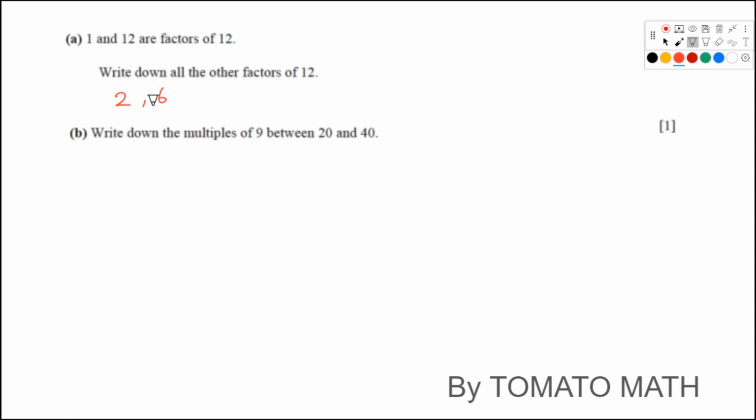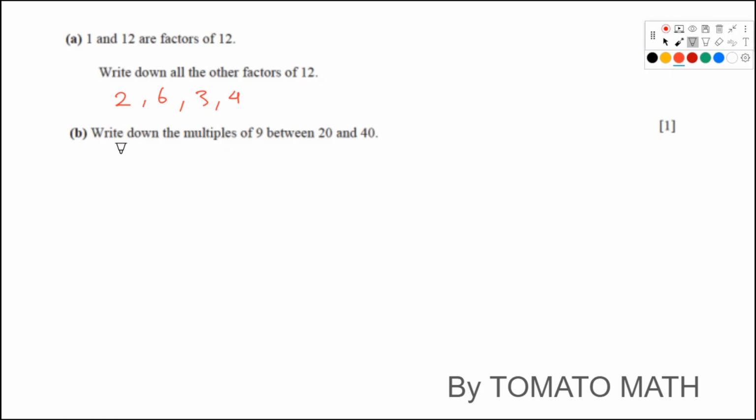So 2 and 6 is another pair of factors of 12, because 6 divides 12 perfectly and 2 divides 12 perfectly as well. And what if we divide 12 by 3? We will get 4. So 3 and 4 are also factors of 12. Now if we divide by 5, we will get a decimal. If we divide by 6, we will just get from the beginning again. So this is all the other factors of 12.